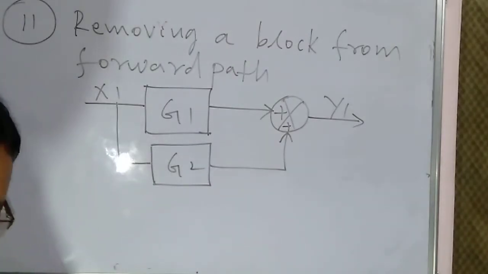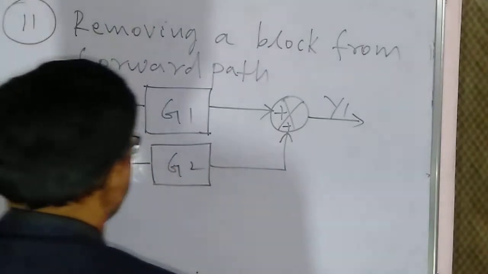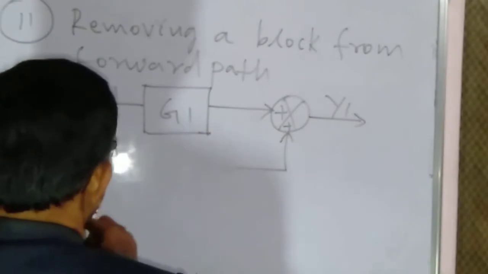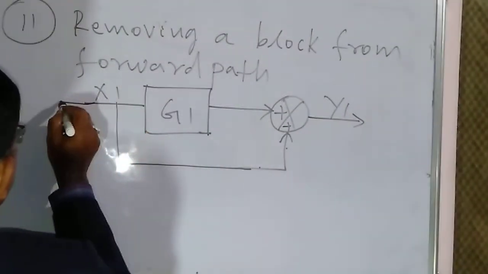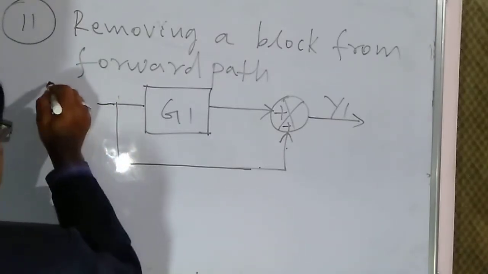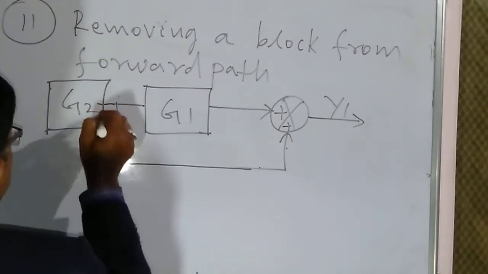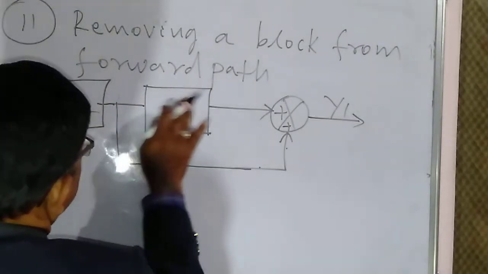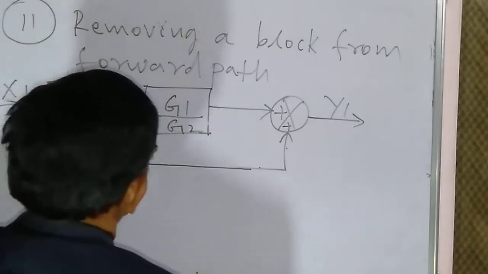If we remove this block from this forward path, then it will be like this. The block will come to this position, that is G2, here x1, and here it will be G1 by G2.